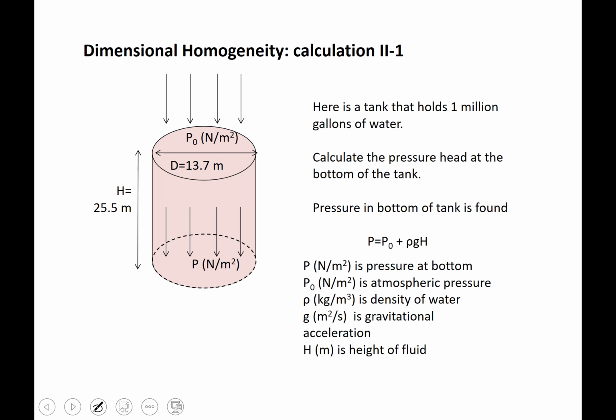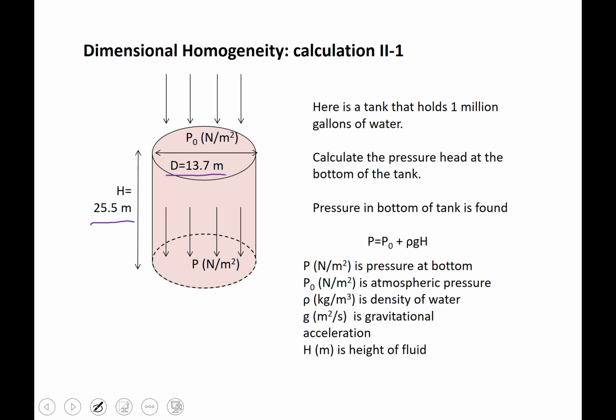Okay, the second calculation we're going to do is the pressure. The sum of the pressures is going to include the atmospheric pressure. This is a tank of water, and we have some dimensions here. We've got a height of 25.5 meters and a diameter of 13.7 meters. And here's the pressure down at the bottom, and the units are Newton per meter squared.